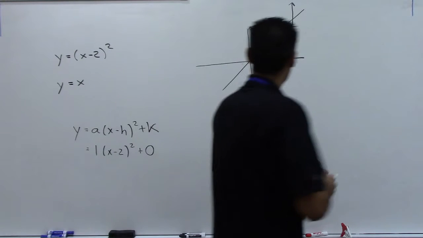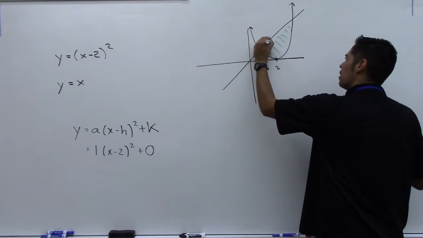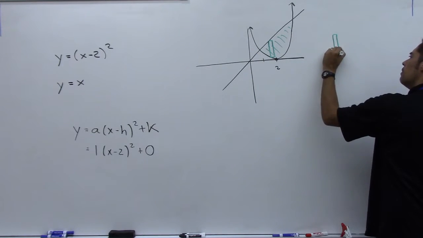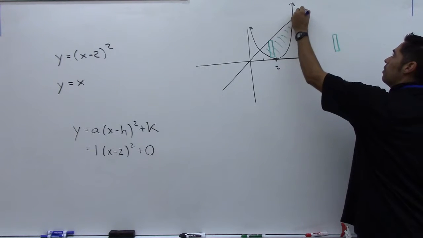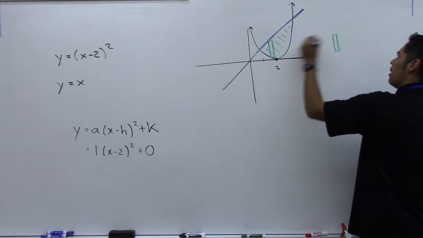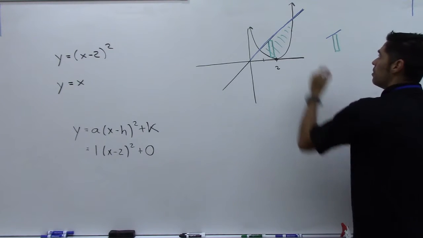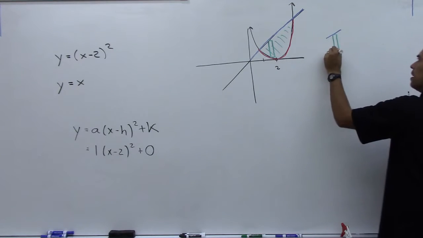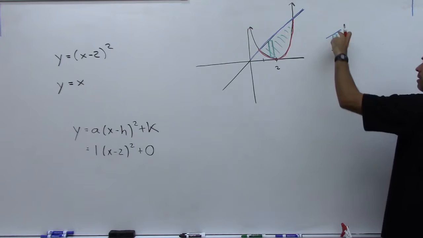But more importantly, if you draw an arbitrary rectangle in this region vertically, you can tell that with that rectangle, the function on top, which I'll say is this blue line, right here, and then you have the function on the bottom, which is the parabola, this piece, that as you move this rectangle left and right, the blue on top and the red on the bottom never change.